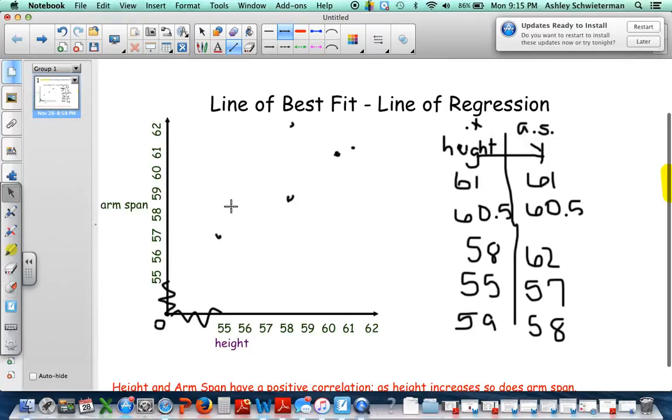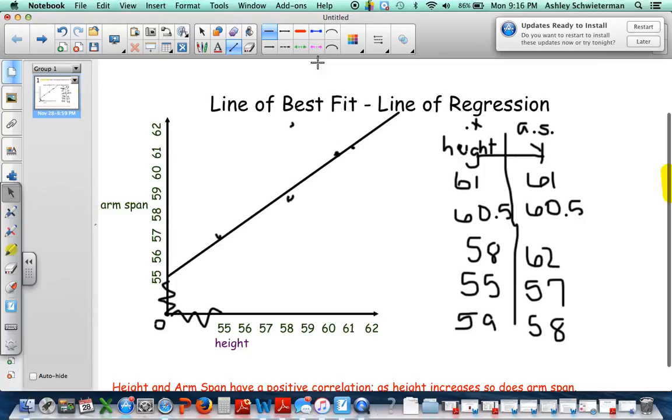So when I go to make this line, there needs to be an equal number of points above as there are below. And if you notice, it's almost going through 3 points, with one above and one below.